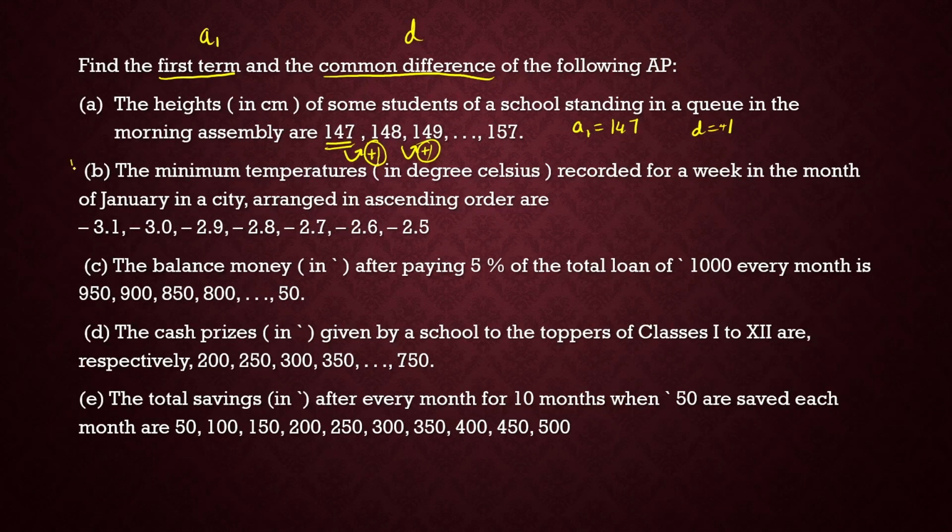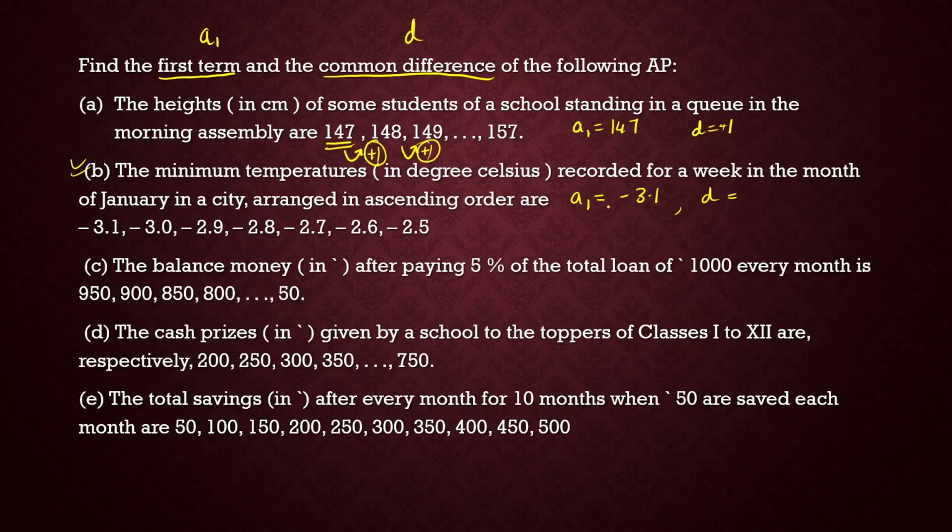Next, the B part. The minimum temperature in degrees Celsius recorded for a week in the month of January in a city, arranged in ascending order, are given. Okay. So this is the minimum temperature which is recorded for a week in the month of January in a city. So it's minus 3.1. Obviously, A1 is always going to be the first term of the series, that is minus 3.1.